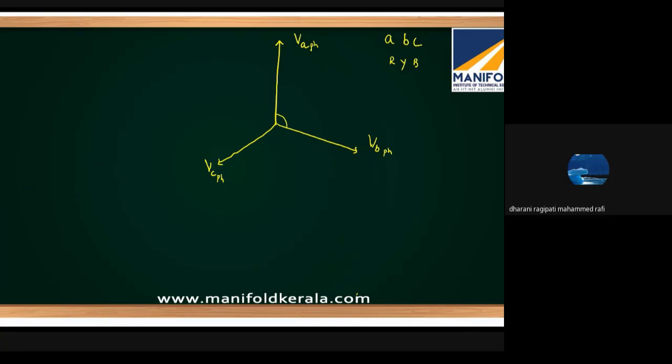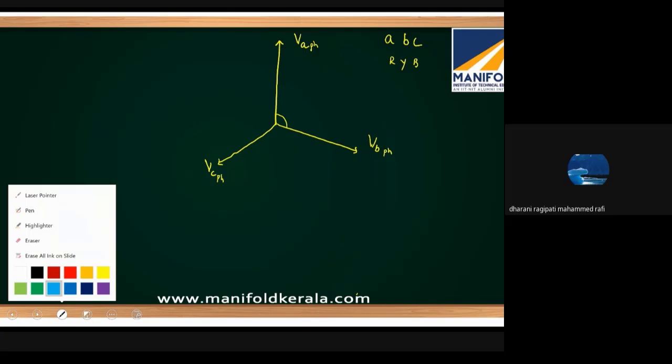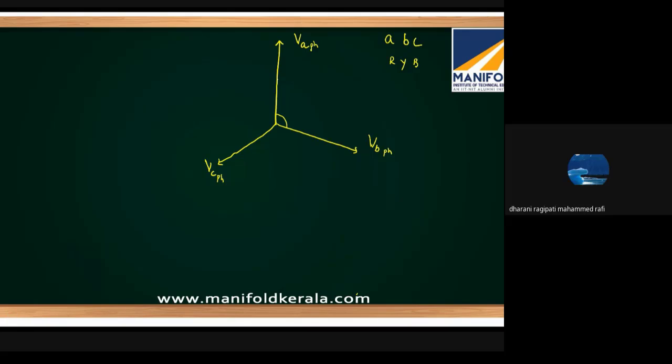So these are the phase voltages. If you connect a purely resistive load, then your phase currents will be like this. This is IA, this is IB, and this is IC. They will be in phase with their respective voltages.